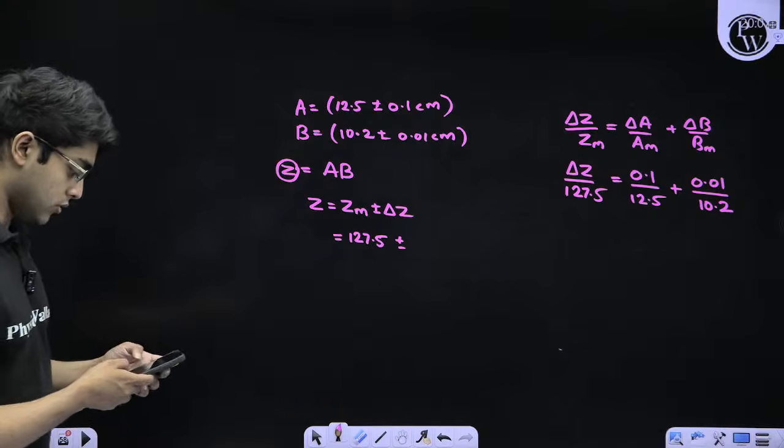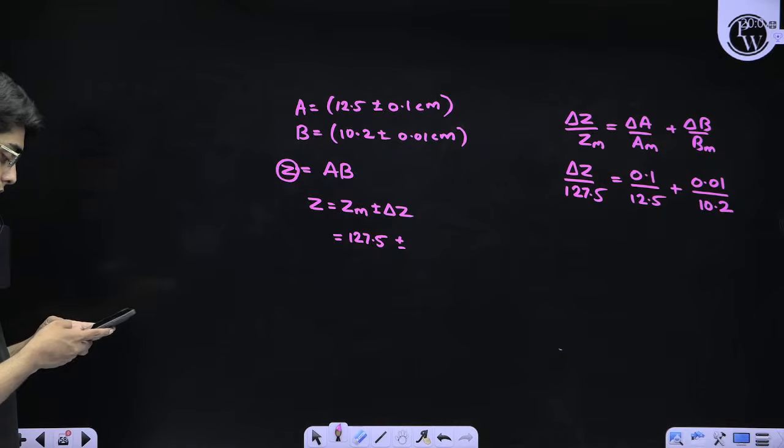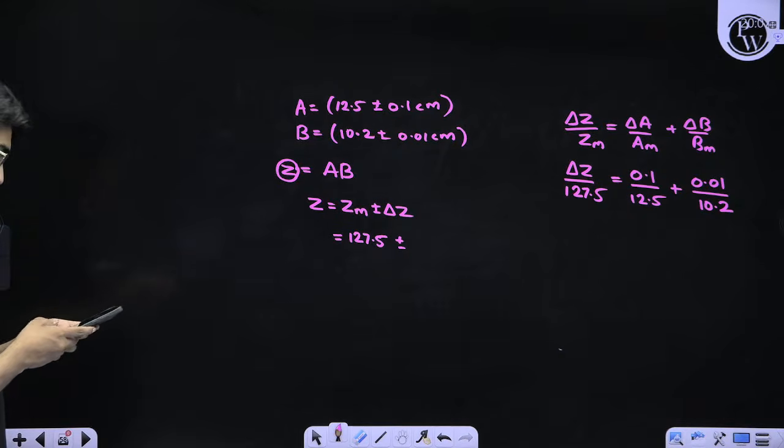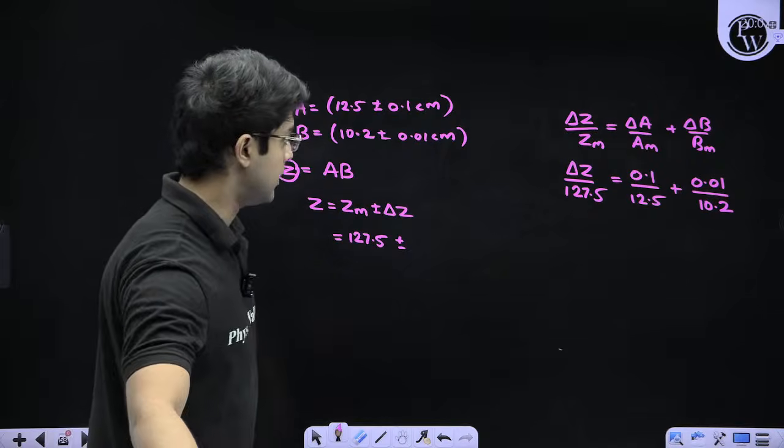So let's try to do it. 0.1 divided by 12.5 plus 0.01 divided by 10.2. This thing multiplied with 127.5. So 1.145 is what I'm getting.